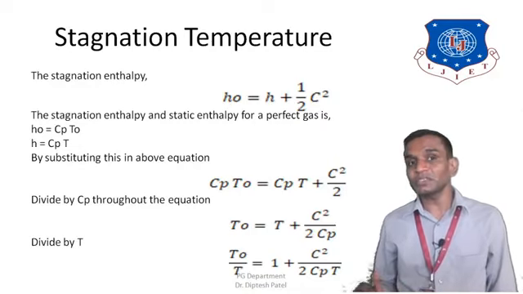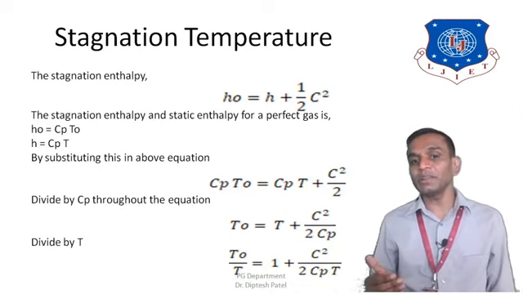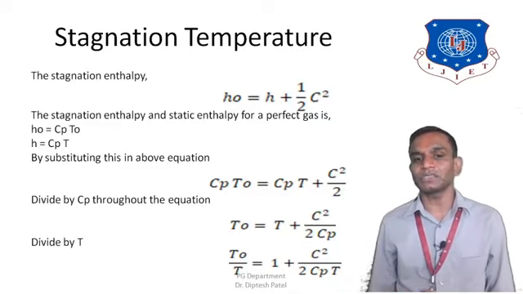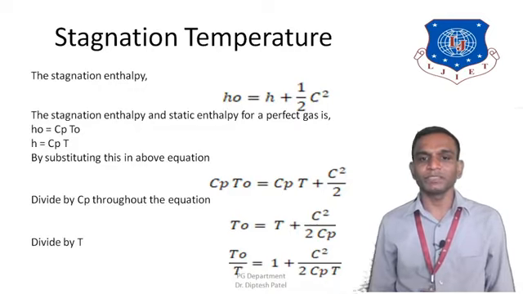Now, let us find the ratio between the stagnation temperature and the static temperature. Since we have already derived T0 is equal to T plus C square divided by 2Cp, T0 divided by T, that is the ratio of stagnation temperature to static temperature, is equal to 1 plus C square divided by 2CpT.